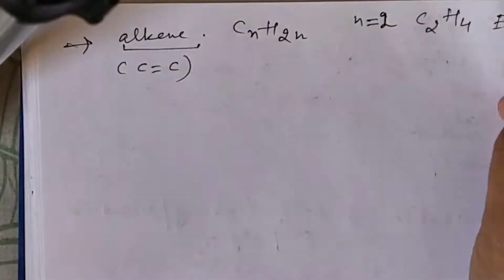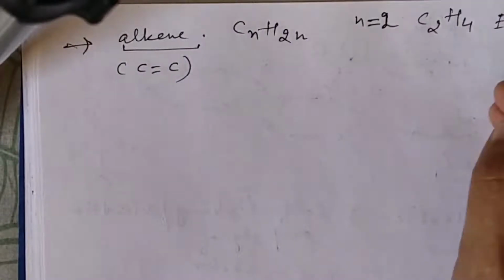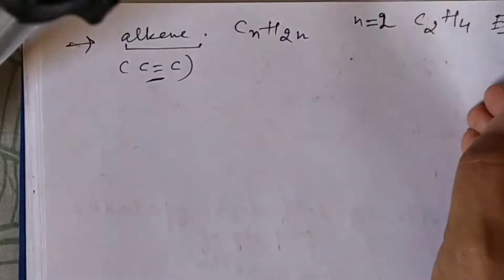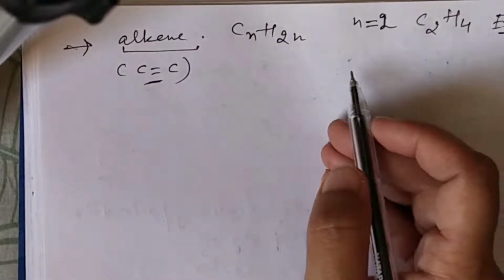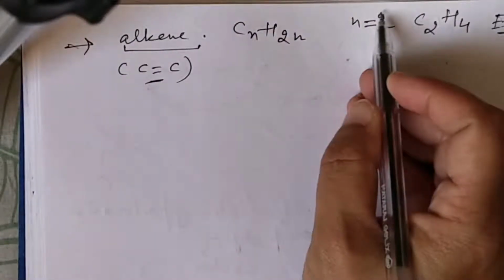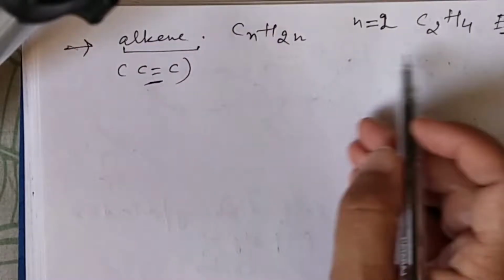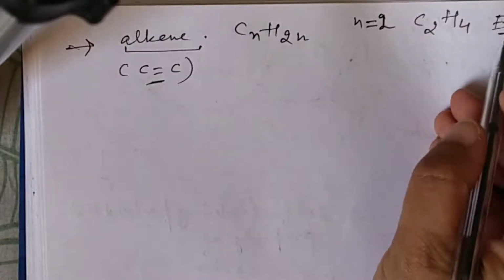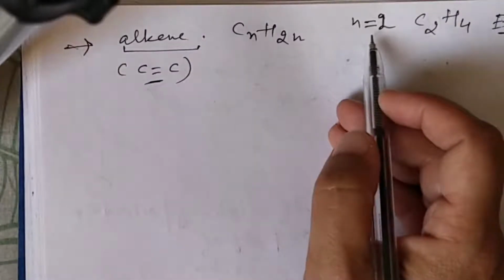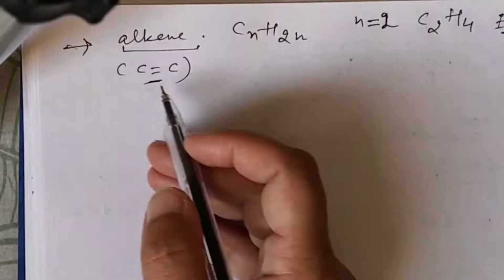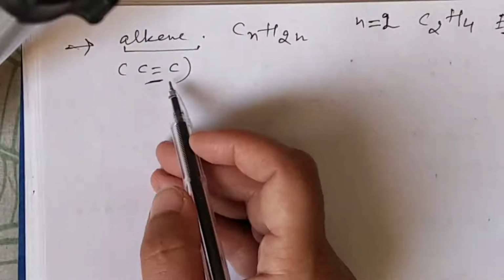This ene word represents the double bond. Eth word represents here the value of n is equal to 2. Have you gotten the point? Value of eth is n equal to 2 and ene stands for the double bond in the carbon structure.